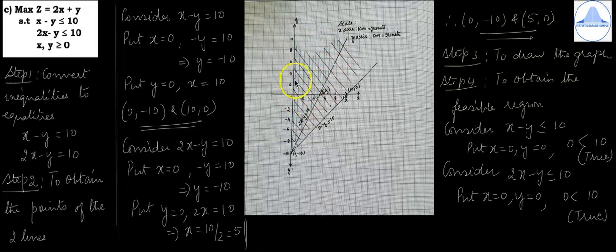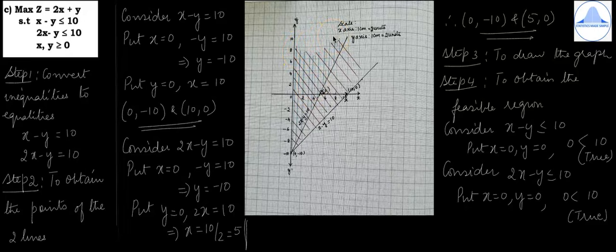It is actually an open figure. So for a maximization problem, whenever it is an open figure means it is not closed on all the sides. Closed figure means either it will have 3 sides or it will have 4 sides which are closed. But this one, that common feasible region, it is not closed here at the top.